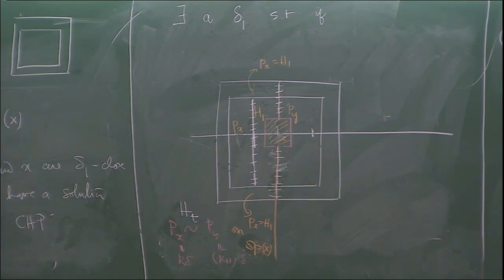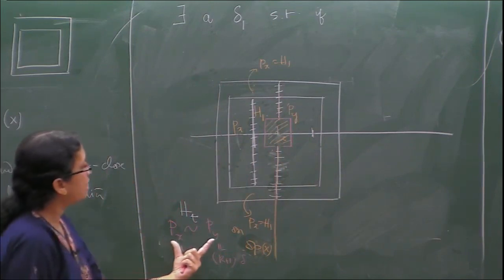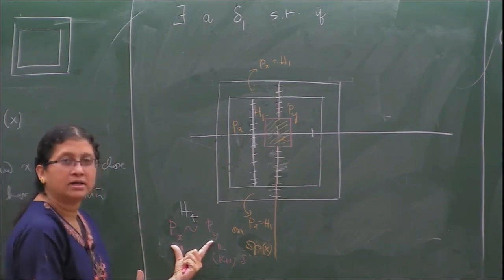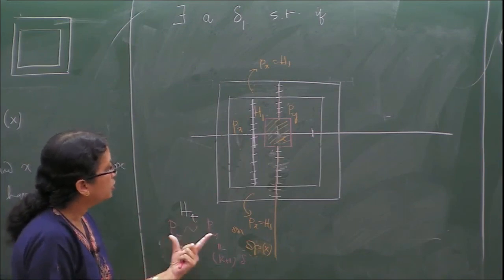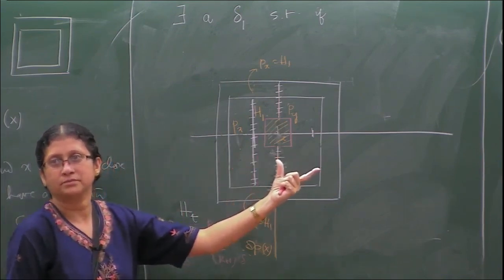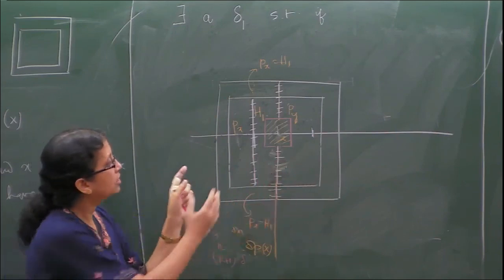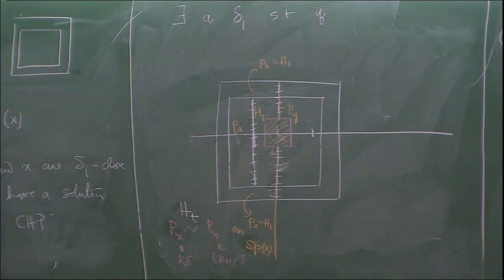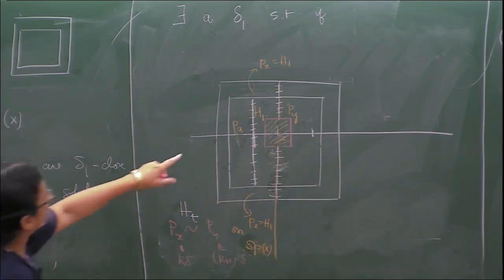So the result again says that if x, y are, say, at most sigma delta 1 distance apart, you can get this picture for every such pair of points. So all these piecewise data will nicely fit together. Okay? Here I am working with x and y.